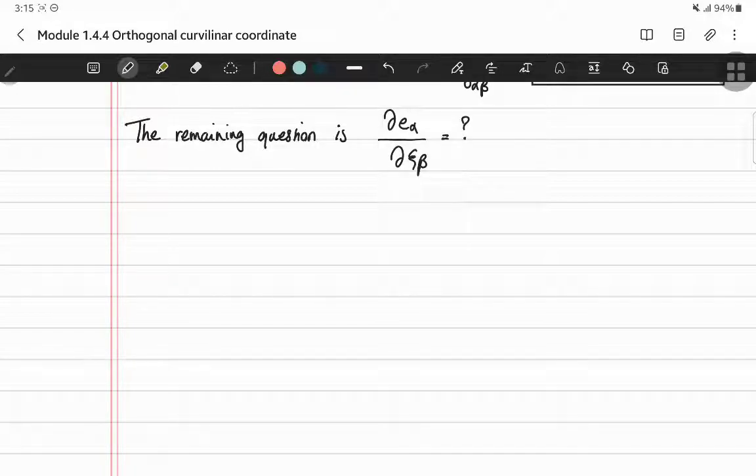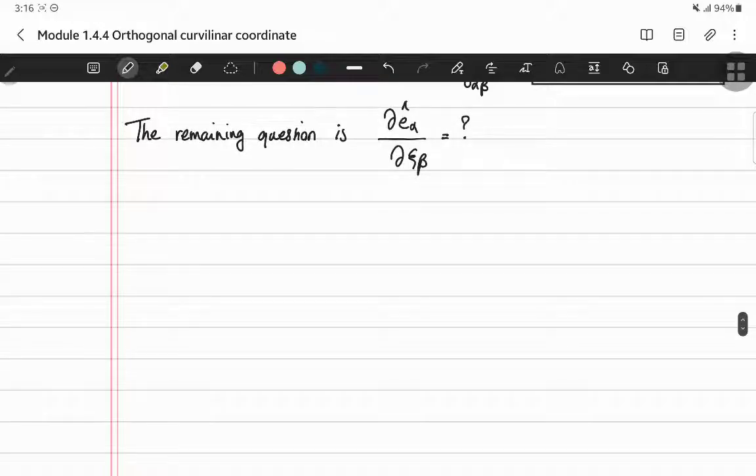We want to know how this is changing. The only thing that we know is that it gives another vector. So sorry, it gives another, let's say, unit vector.